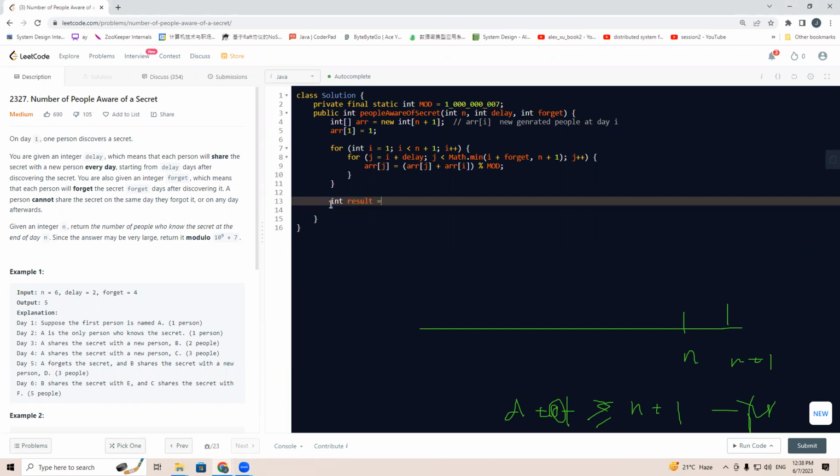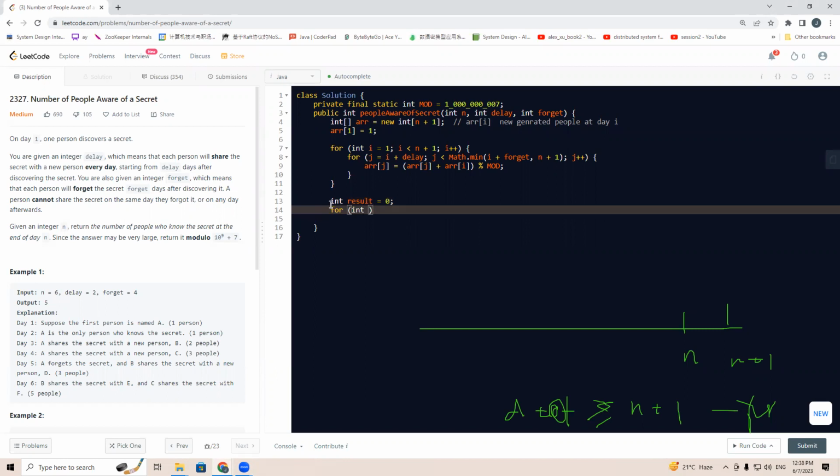So we are going to do this: int result is 0. Then for int i, where i plus f is greater than or equal to n plus 1, and i should be smaller than n plus 1, we add all of those newly generated people for this range, i plus plus.